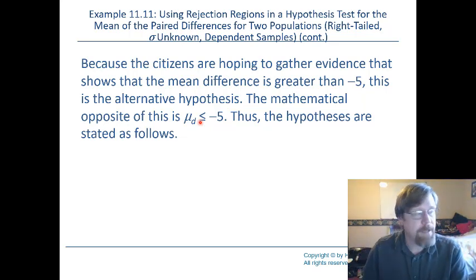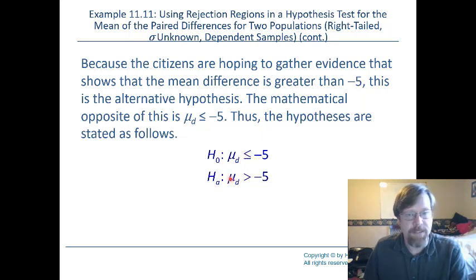So we can state these hypotheses as such. Null hypothesis is that the mean difference is less than or equal to -5. The research or alternative hypothesis is that the mean difference is greater than -5.